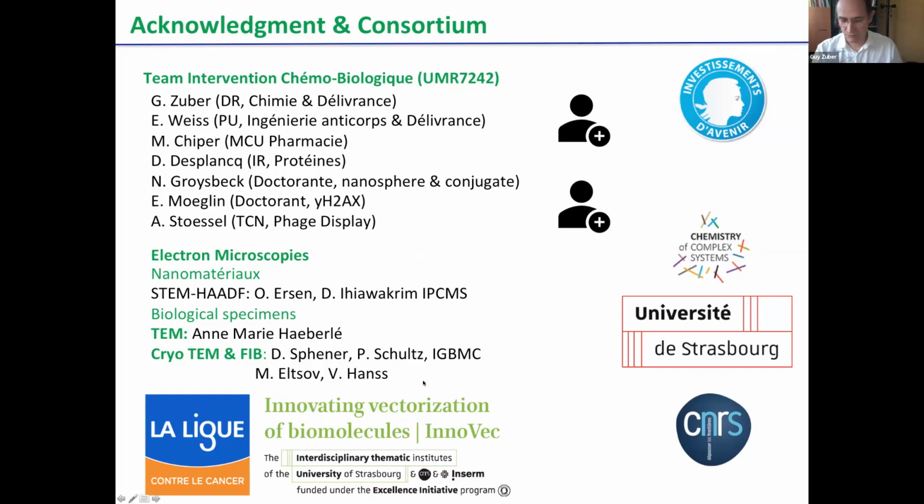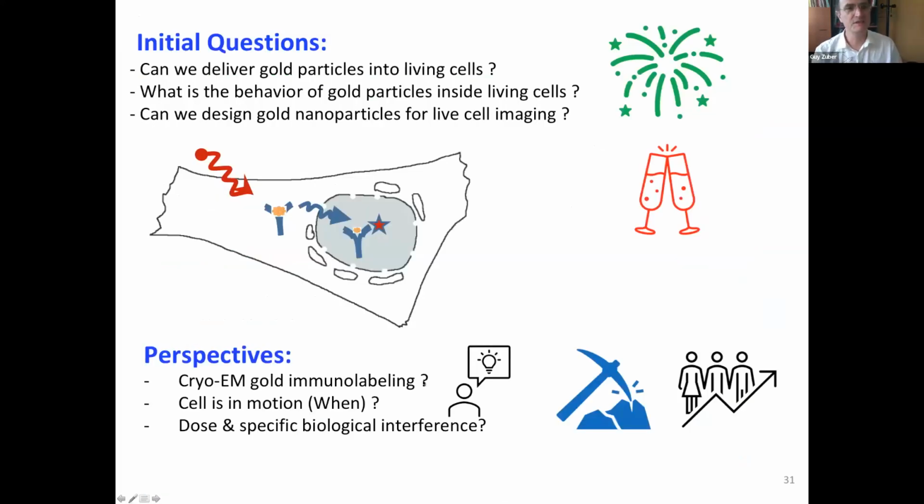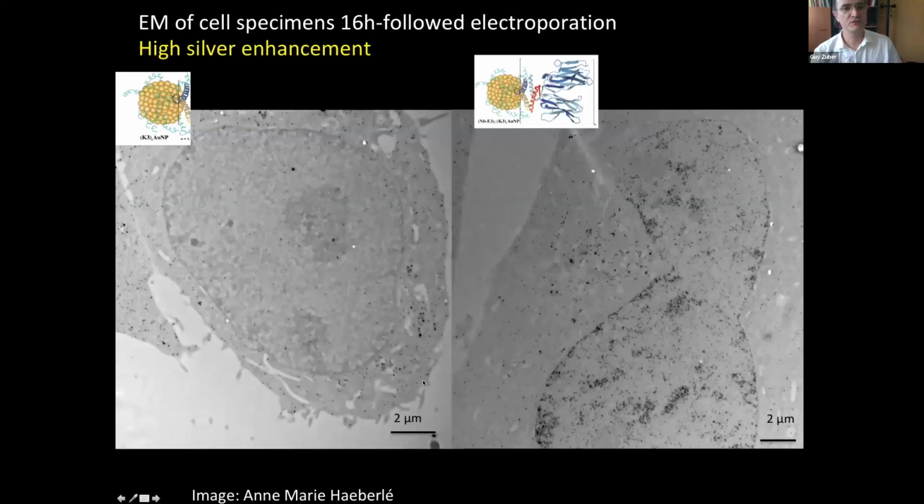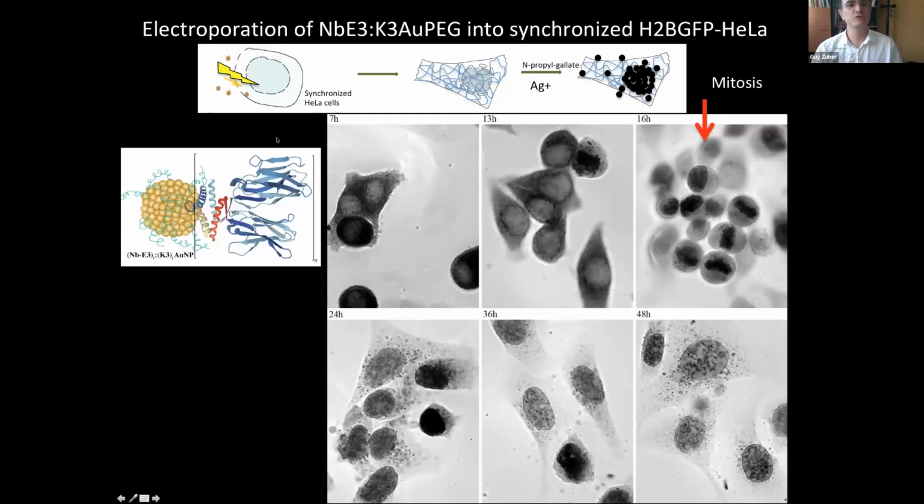The way we do the electroporation is, for the moment, done in suspension. We trypsinize the cells, we put in the gold particles, we apply the electric pulse. Then we remove the largest excess of gold particles by pelleting down, and then we cultivate the cells.